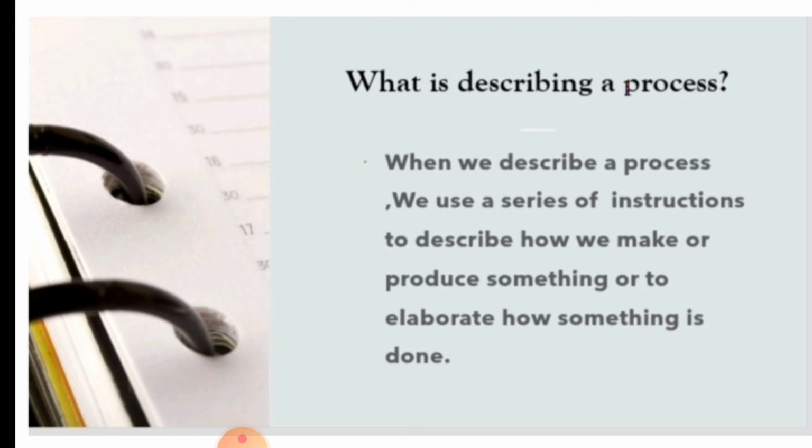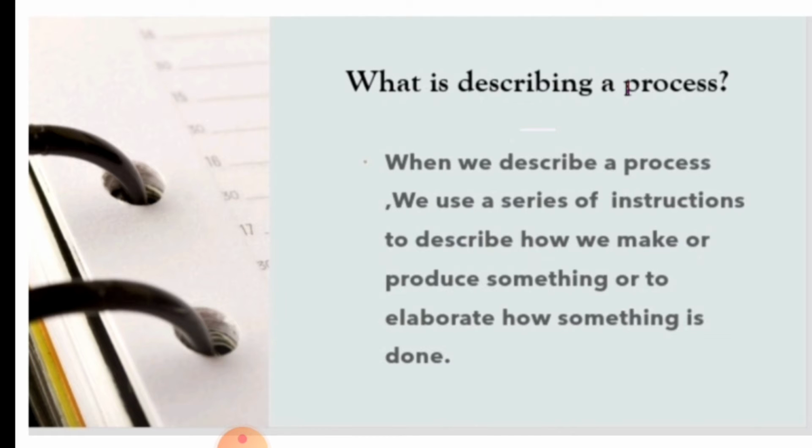When we describe a process, we use a series of instructions to describe how we make or produce something, or to elaborate how something is done. So usually this sort of describing a process is done where we give instructions to describe how we make or produce something.